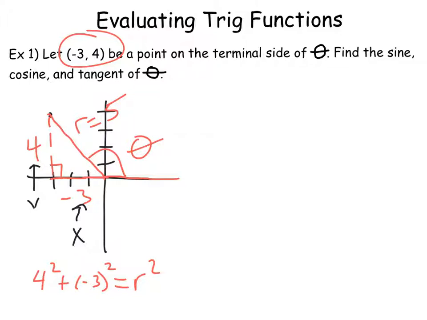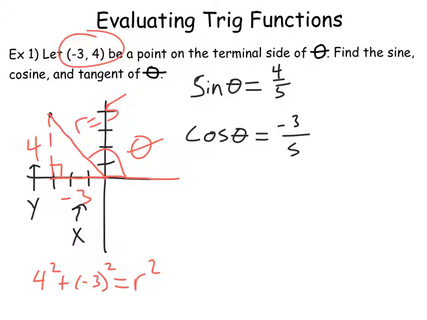I'm not going to do the reciprocal ones because you can figure those out by flipping each of these 3 trig functions. Sine is y over r, and once you have your diagram, this part should be a breeze. You're just plugging in what those values are. Cosine is x over r. Well, that's got to be -3/5.